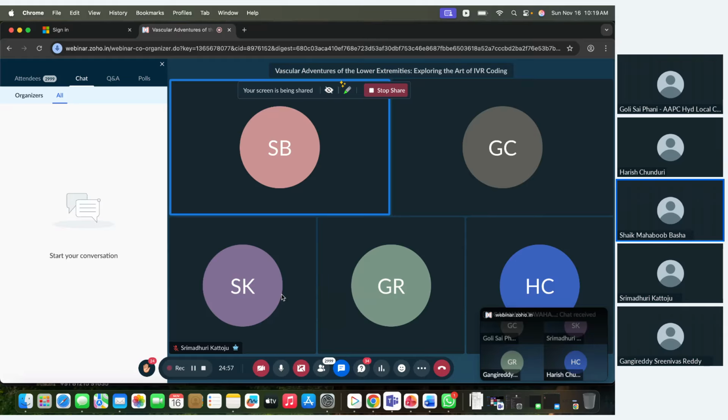Is this for arteries or veins? It will be vice versa, right? For arteries it will be different, for veins it will be different. Okay, I'm getting the responses over here. Still, I'll give the answer. For arteries, antegrade is definitely the catheter movement towards the blood flow.